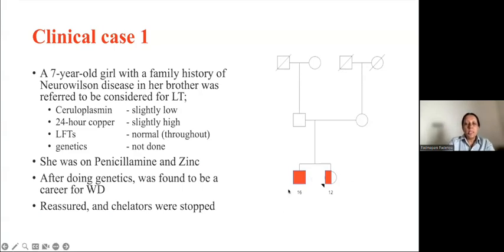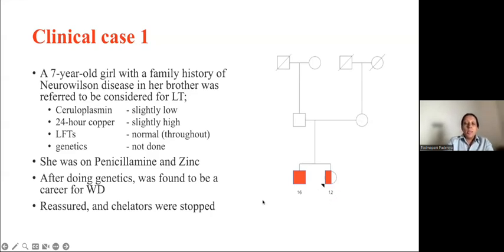So we did the genetic testing on the brother and were able to find the genetic mutations of the family. Finally, we analyzed the same mutations in this baby girl, and she was found to be a Wilson disease carrier.